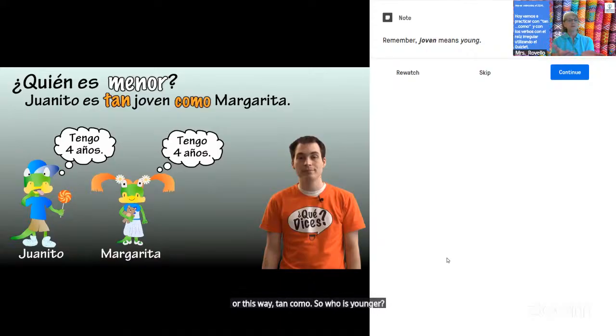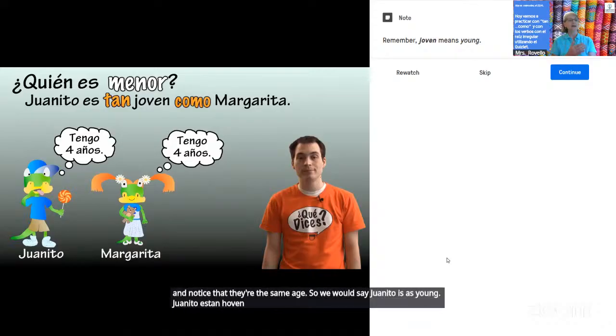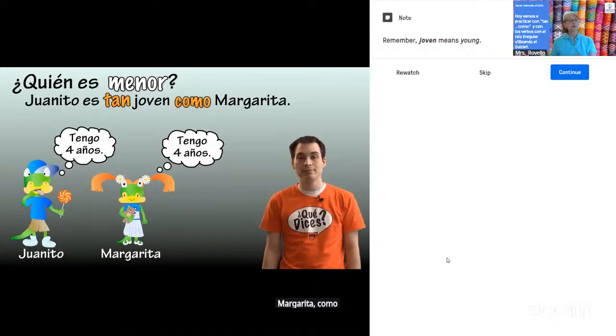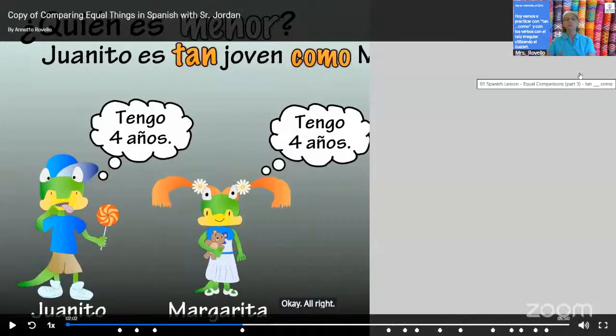And notice that they're the same age. So we would say Juanito es tan joven como Margarita. Juanito is as young as Margarita. Tan como, as. Okay? All right, continuemos.